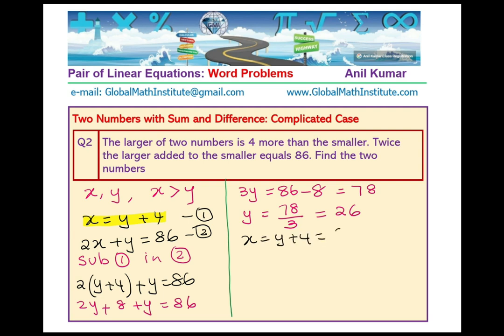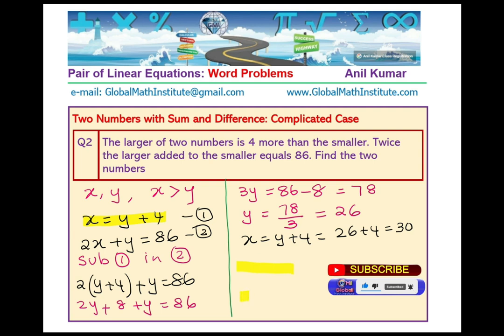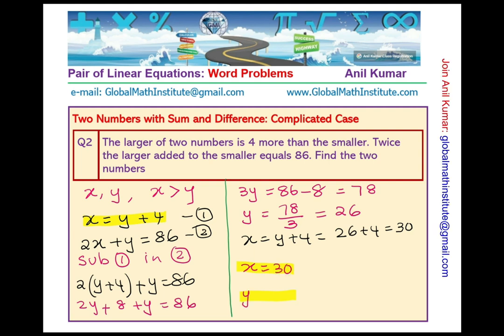That means it is 26 plus 4, which is equal to 30. So we get our solution for x and y, correct? Our solution here is that x is equal to 30 and y is equal to 26. You can see x is larger than y by 4. Makes sense? Great.